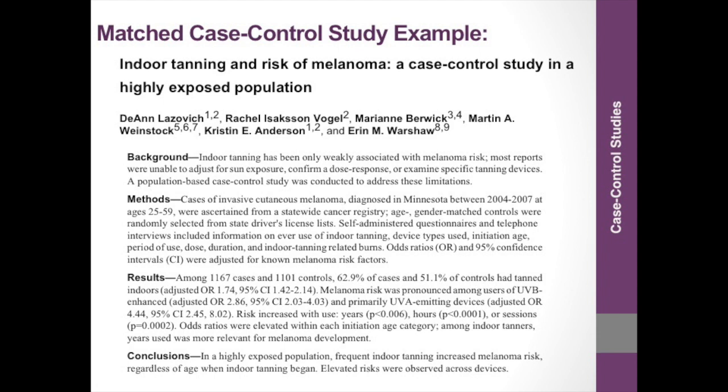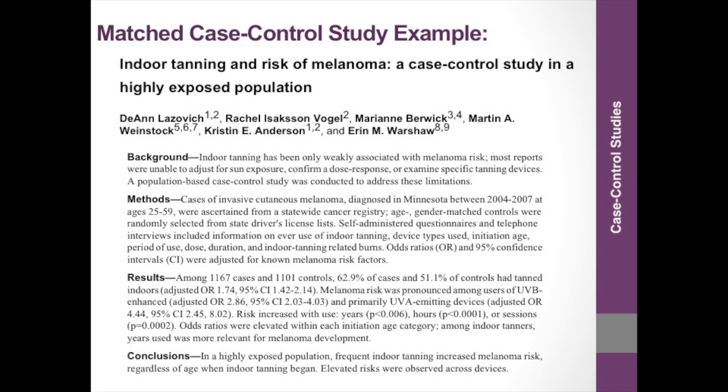Here's an example of a matched case control study. Cases of invasive cutaneous melanoma diagnosed in Minnesota between 2004 and 2007 were identified from a state cancer registry.